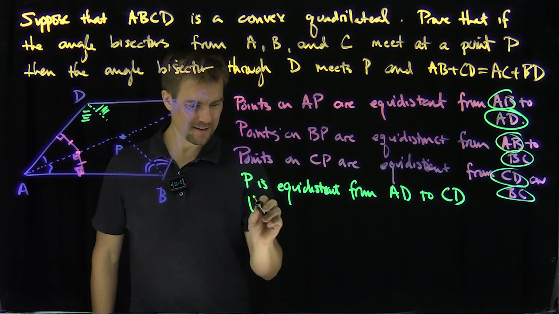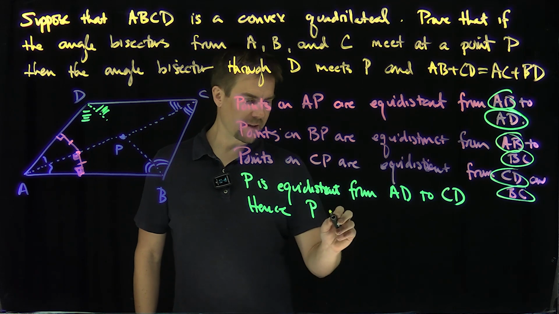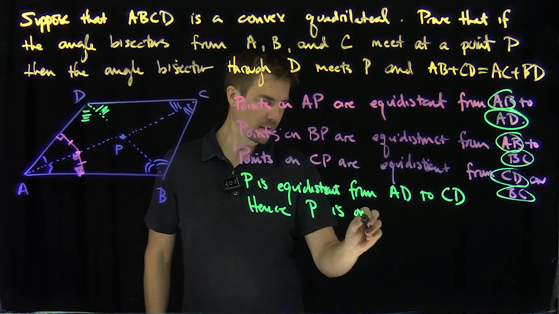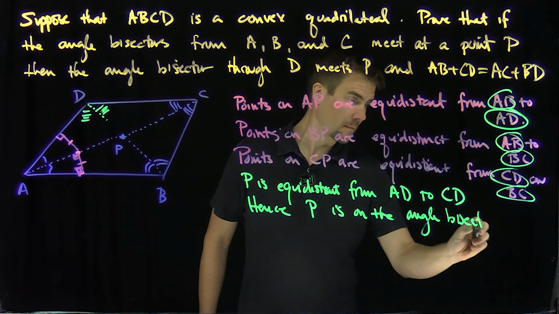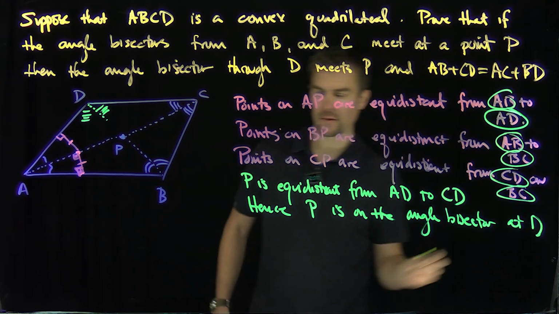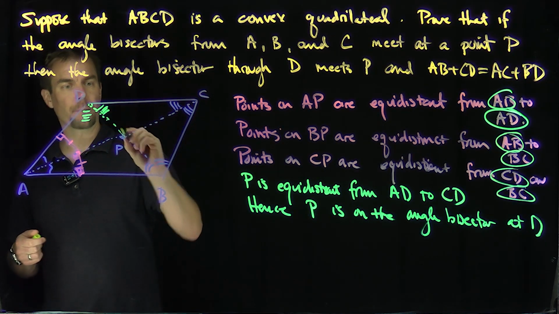So hence, P is on the angle bisector at D. And it tells us more actually, right? So that point P is concurrent with all of those angle bisectors.